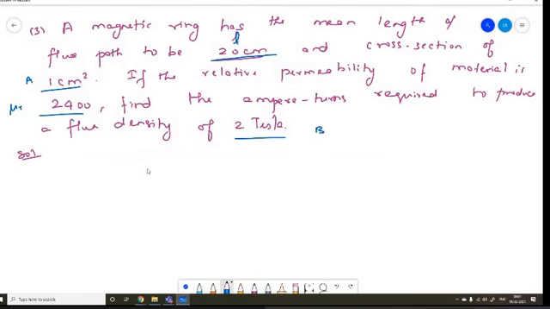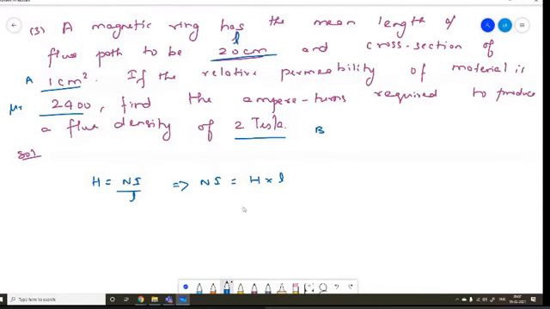So what we need to find is the ampere turns. So we know that H is equal to N I by L. Okay. So ampere turns is N into I. So which means N into I is equal to H into L.